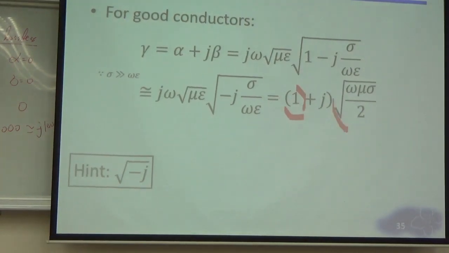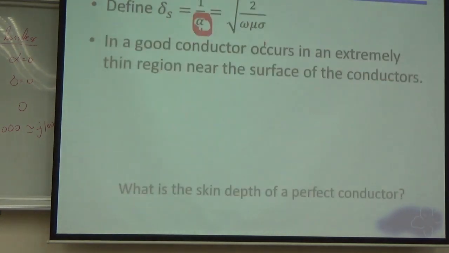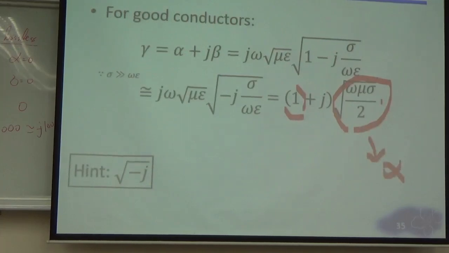This is alpha, and alpha gives the skin depth. This is how we calculate skin depth. So maybe I can ask you to derive the equation of skin depth for good conductors. This is how we derive it.